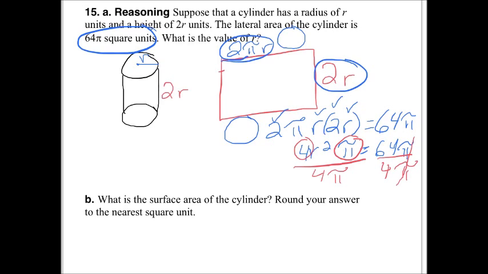And 64 divided by 4 is 16. So I know that r squared equals 16. I still have not found r yet, so I need to take the square root of both sides. The square root of 16 is 4. So the radius of this figure is 4.